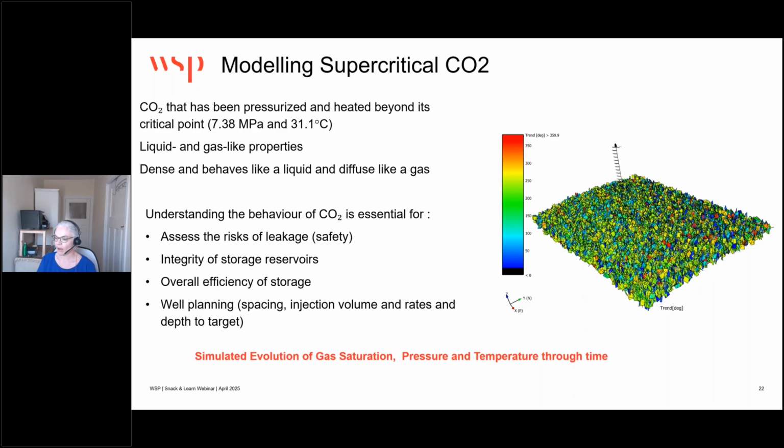So with this in mind, understanding the behavior of CO2 is essential for assessing the risks of leakage, understanding the storage integrity and overall efficiency of storage, ensuring well cap rock integrity, and well planning.